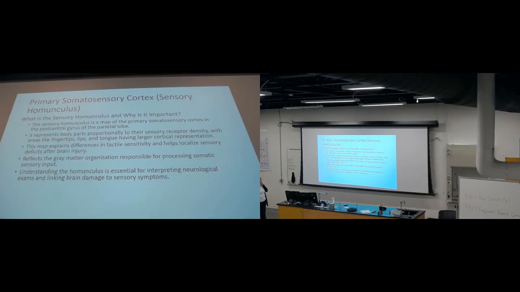So we have a sensory and a motor homunculus. Whenever someone has damage to a particular region, you can expect that the person will have a particular deficit or lack of function. That lack of function will be based on what area you damage.